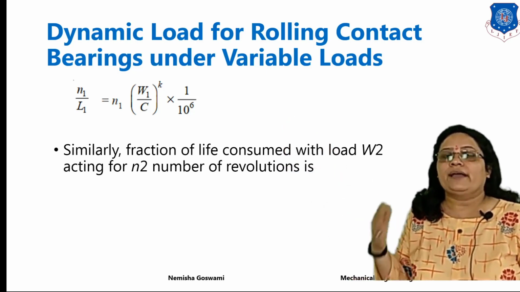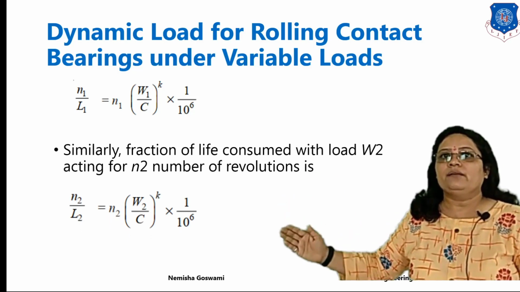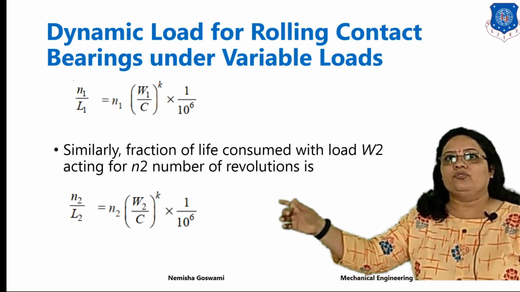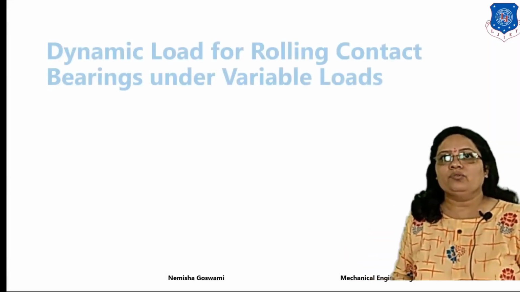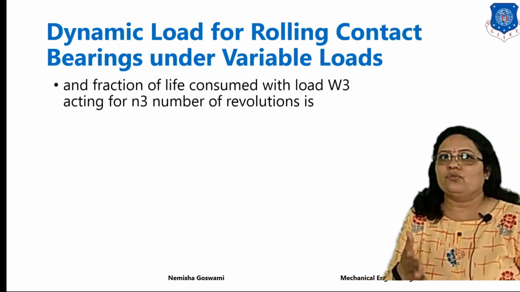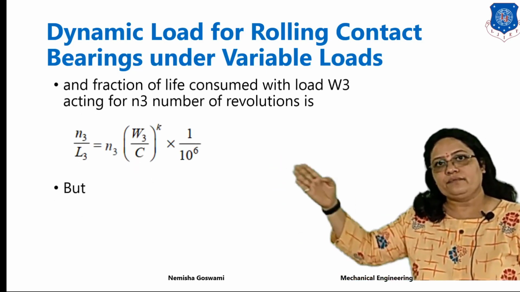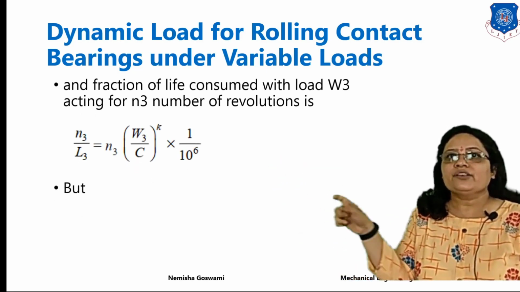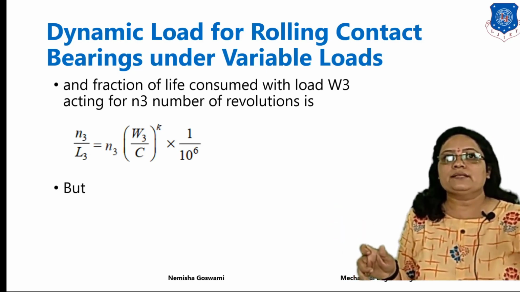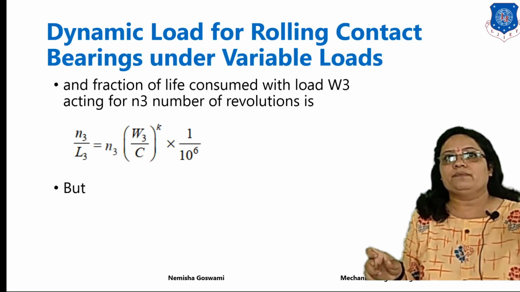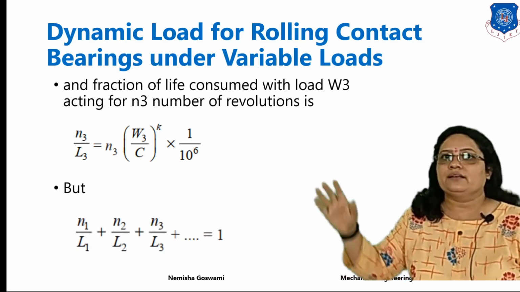Similarly for load W2, this is equal to N2 divided by L2, and both sides multiplied by N2 give this equation. Similarly for W3, W4 and so on. This is the fraction of life, right? So N1 divided by L1 plus N2 divided by L2 plus N3 divided by L3 is equal to 1. This is the fraction of life we are considering.